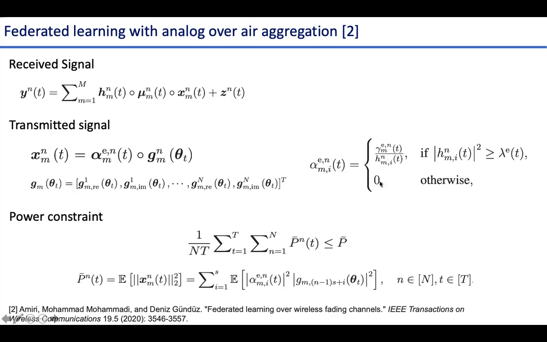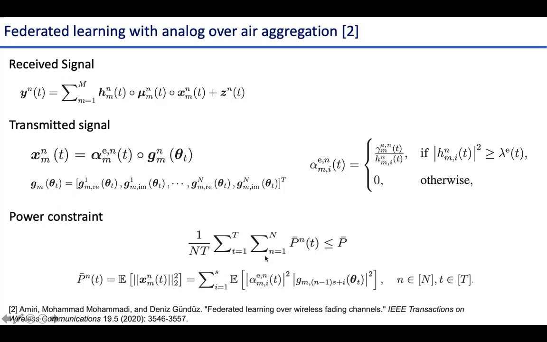Otherwise, gamma is equal to 0, and that specific worker m is not transmitting on subcarrier i at time slot n of iteration t. So here m is the mth worker, i is the ith subcarrier, and n is the nth time slot at iteration t.